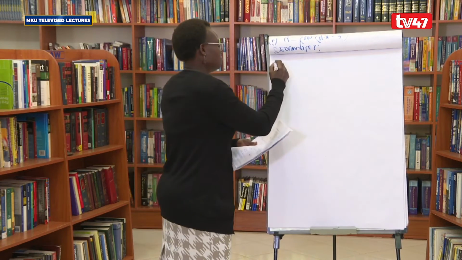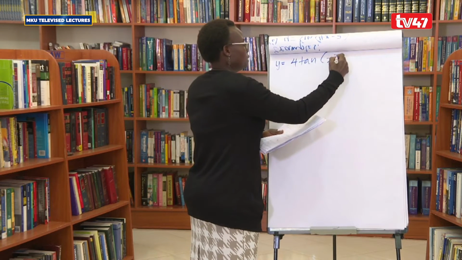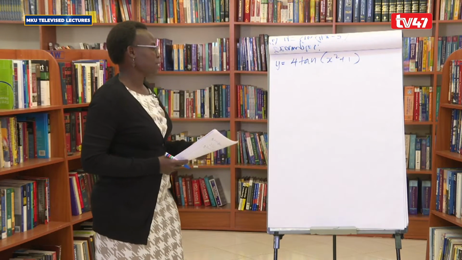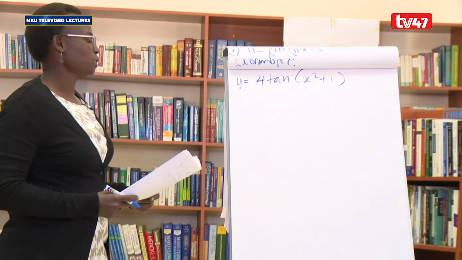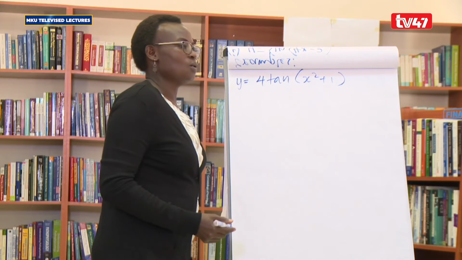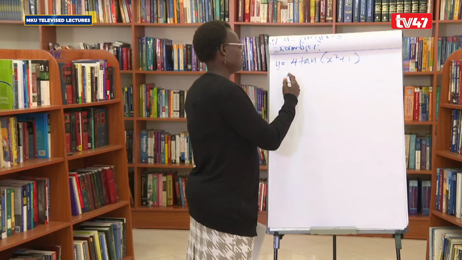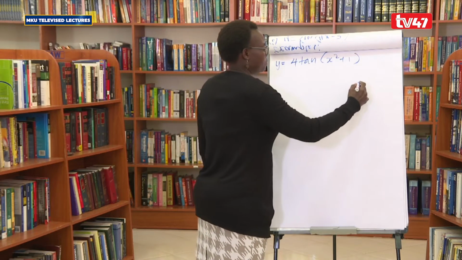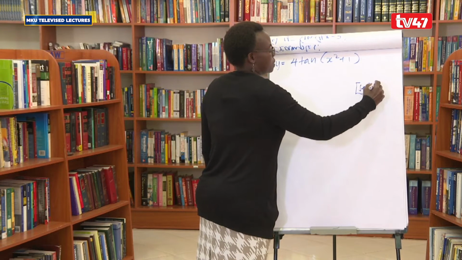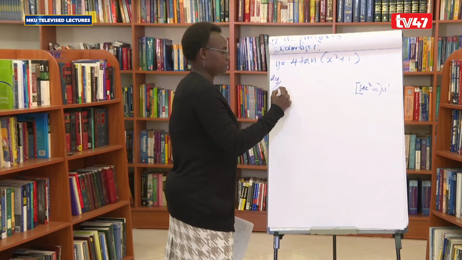Second example, we have y is 4 tan of x squared plus 1. Like I said earlier, you have the option of using it in terms of tan u. So the derivative would just be sec squared u times u bar, and in that case that would be faster.